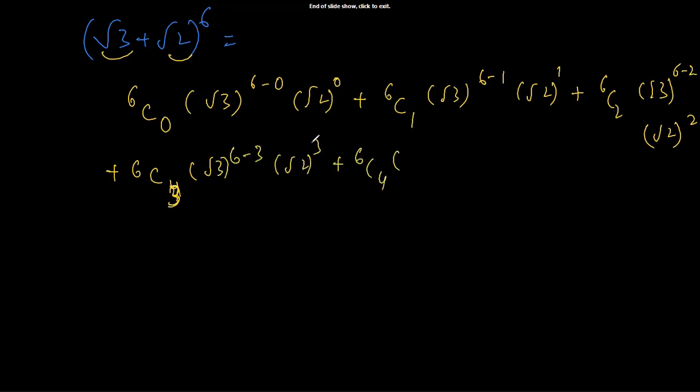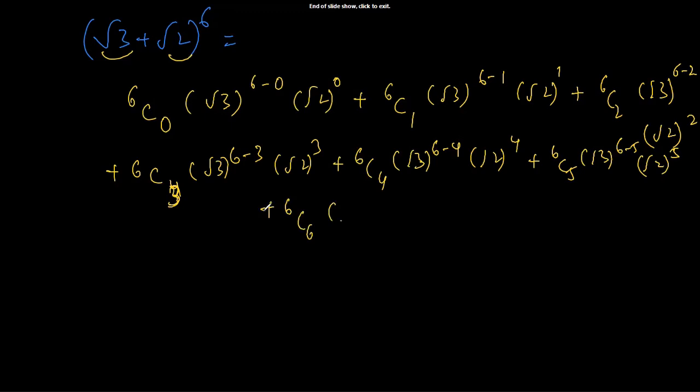Then 6C4 root 3 raised to the power 6 minus 4 and root 2 raised to the power 4. Then 6C5 root 3 raised to the power 6 minus 5 and root 2 raised to the power 5. Then 6C6 root 3 raised to the power 6 minus 6 and root 2 raised to the power 6.